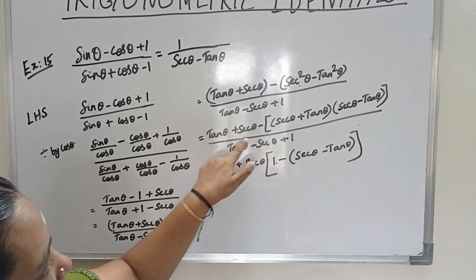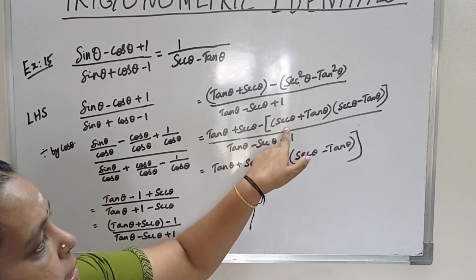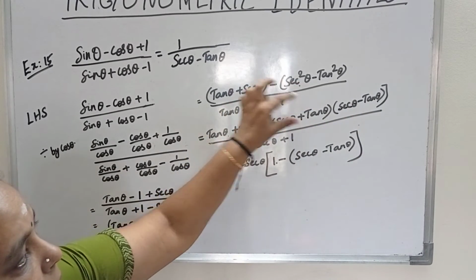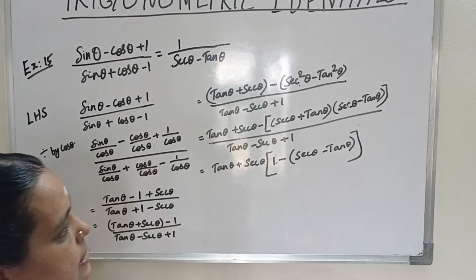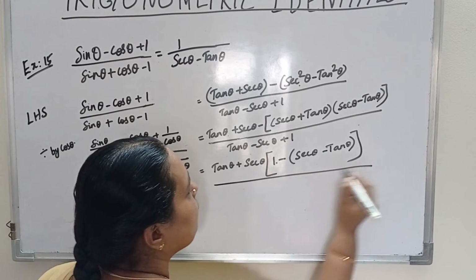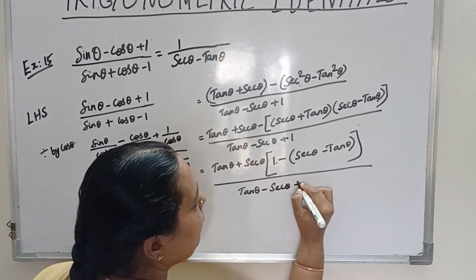So we will be left with 1 and minus, instead of secant theta plus tan theta, this element is taken outside, so we will be left only with secant theta minus tan theta, by tan theta minus secant theta plus 1.